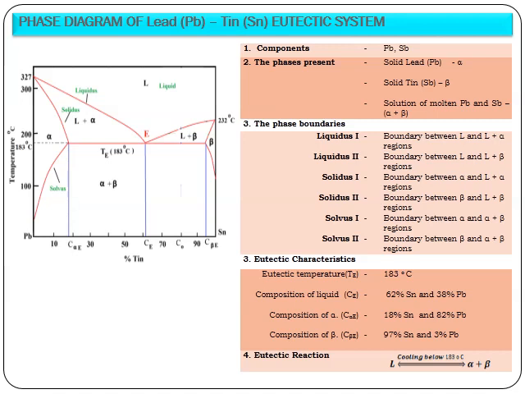We have also observed the characteristic eutectic points such as the eutectic temperature, then the composition of the liquid phase, and the composition of the solid phase, and both alpha and beta phases.